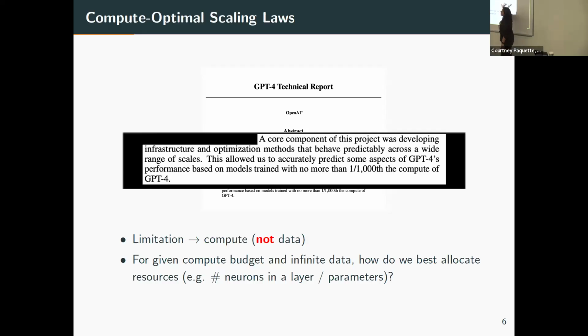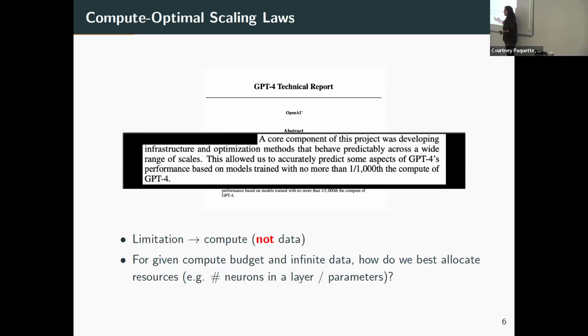And so what you want to be able to do with scaling laws is to take that scaling law and ask the following question. Given a compute budget, so you're only told you're allowed to use 10 GPUs for 10 days, you have a compute budget now. You have infinite data, you don't have to worry about the data. Data is all available.